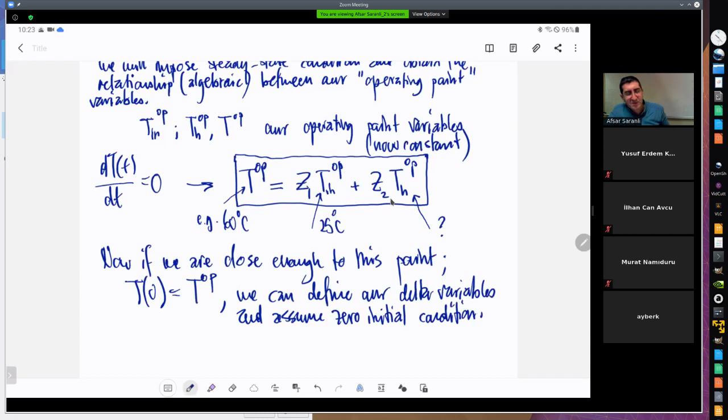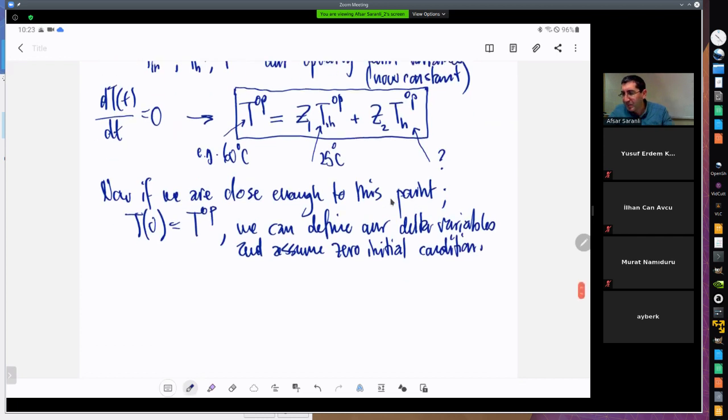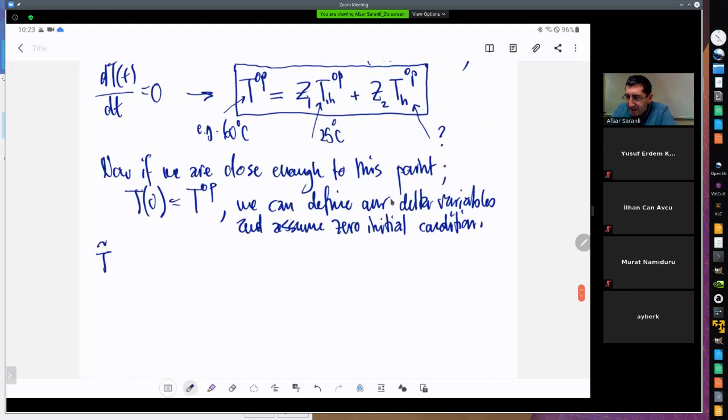Let me substantiate what I mean by that. So we have T tilde of t equal to T of t minus T OP, and we will have T tilde at 0 equal to 0 because we start operating around the operating point.